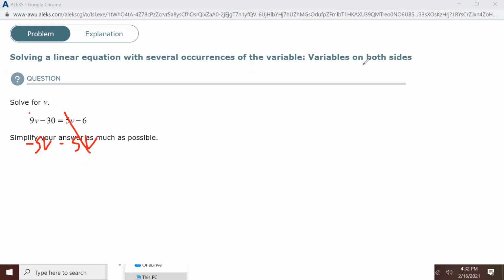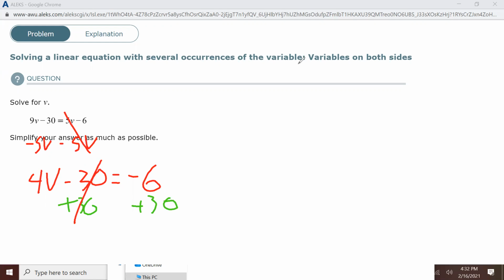On the left side, 9v minus 5v is 4v, and the minus 30 and the negative 6 are unaffected. Notice this is a negative 6, not just positive 6. So now I will add 30 to both sides.